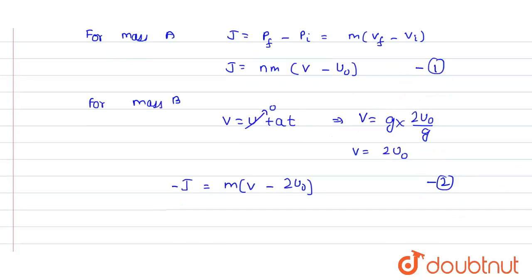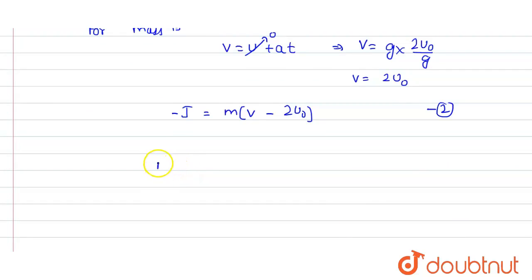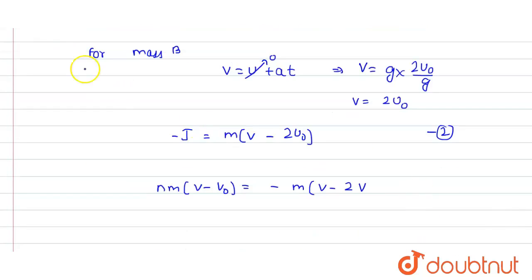If we equate equations 1 and 2, we can say that n m (v minus u naught) equals j, which is minus m (v minus 2u naught). Sorry, it is u naught, not v naught. Now we simply need to find the common velocity v.